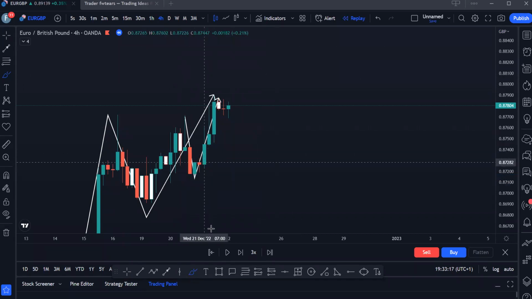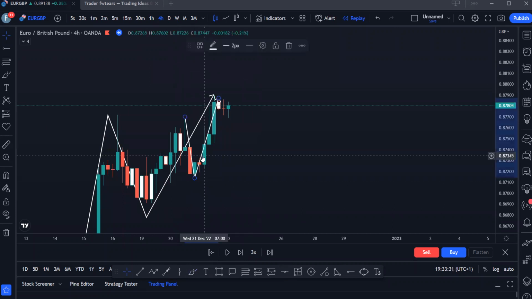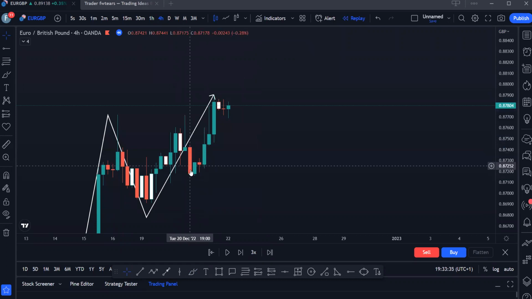Now, a support is not a line. It's not a price. It's not one line like this. No, it is a zone. So in marking out the zone, my recommendation is you want to mark out the last sell candle before the reversal.